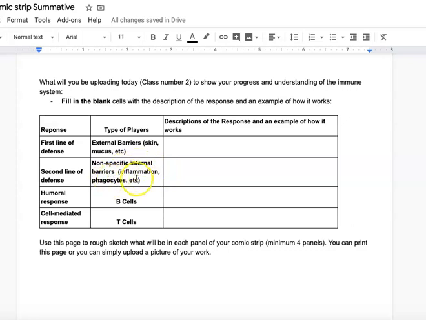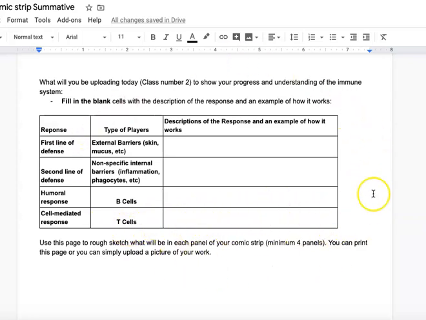Inflammation, phagocytes. So tell me how it works, how does the second line of defense work, and give me an example, inflammation or phagocytes. In the humoral response, tell me how the humoral response works, and tell me how the B cells function in that response. And same thing, tell me how the cell-mediated response works, and how the T cells function in the cell-mediated response.